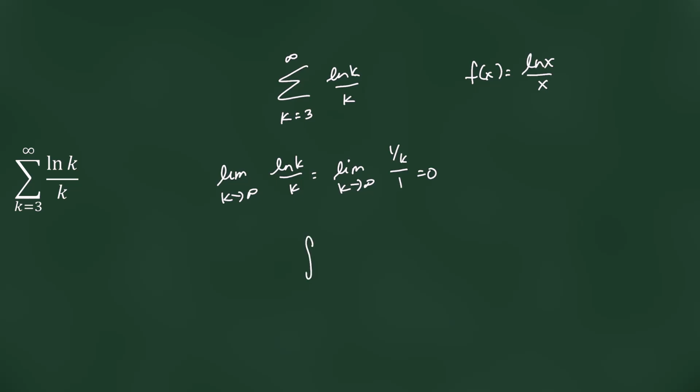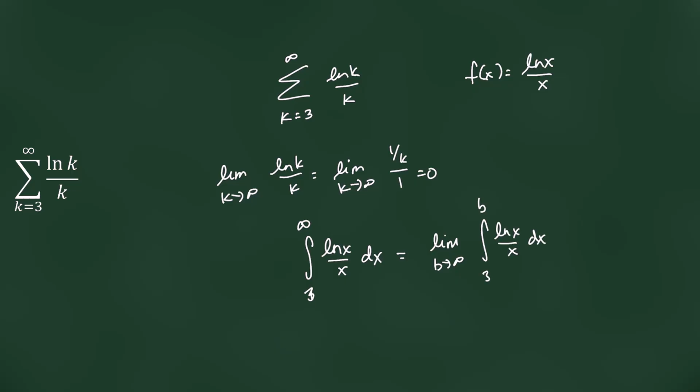I'm going to examine the integral from, we can actually go from 3 to infinity, since that's our limits on our series of our function. So that is the limit as b goes to infinity of the integral from 3 to b of ln x over x dx.